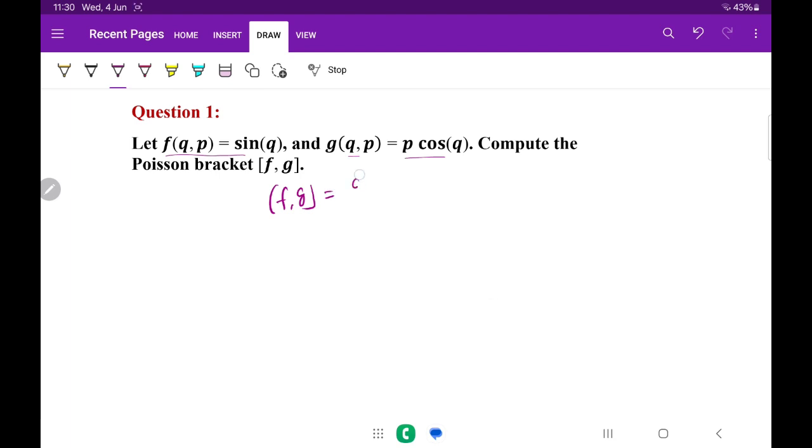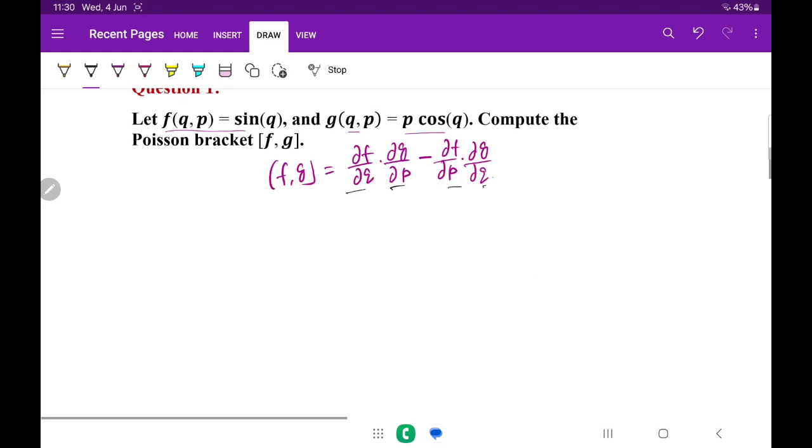How is it defined? ∂f/∂q times ∂g/∂p minus ∂f/∂p times ∂g/∂q. So first of all, we need to find these partial derivatives individually. Remember, these are partial derivatives only.